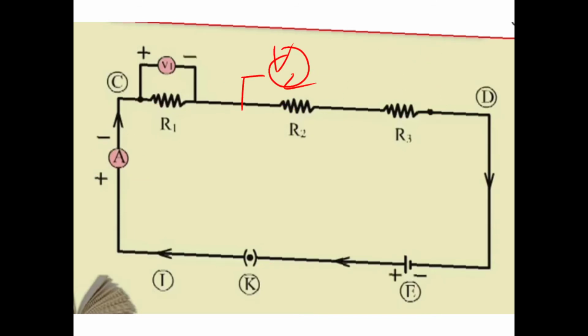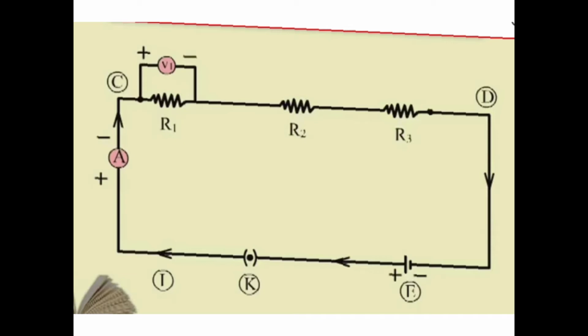Can we have R4, R5 and so on? Yes, you can have. But for explaining to you, we have taken only three resistances for the calculation purpose, but you can extend it to n where n can be any natural number, right?